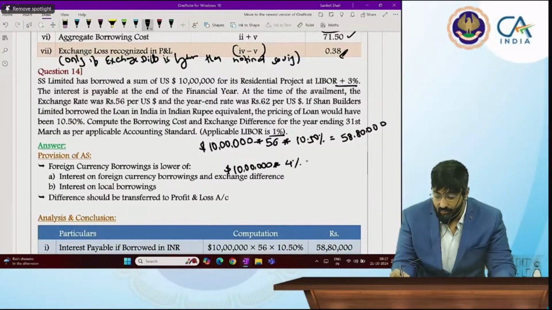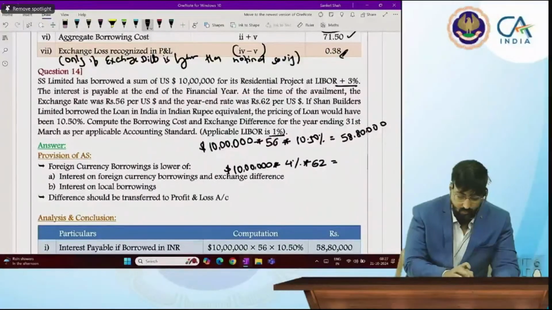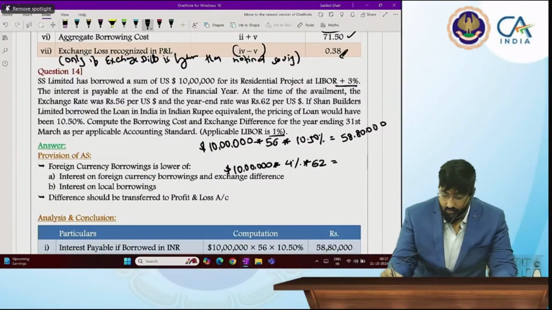10 lakhs. What is the interest rate in foreign? 4%. 3% plus 1%, 4%. And when are you going to pay the interest? At the end of the year. So you will multiply by 62. 62. 24 lakh 80,000.